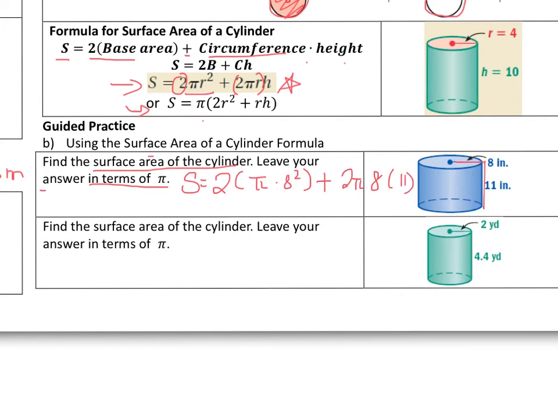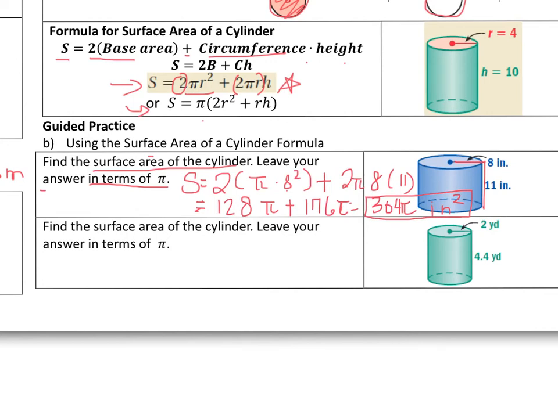Okay, the radius is 8. That's where it comes from. And after you do the math, you should get 128 pi plus 176 pi equals 304 pi. And you still need to write inches squared.